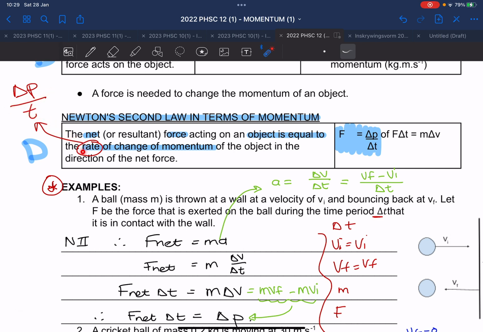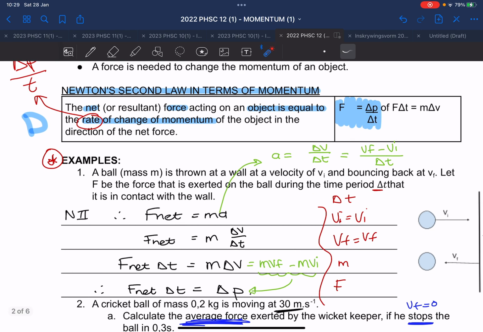The rate of what? Of change in momentum. So divide by time, the change in momentum, of an object in the direction of the net force. So instead of saying Newton's second law, you can also just say the net force is equal to the rate of change of momentum.